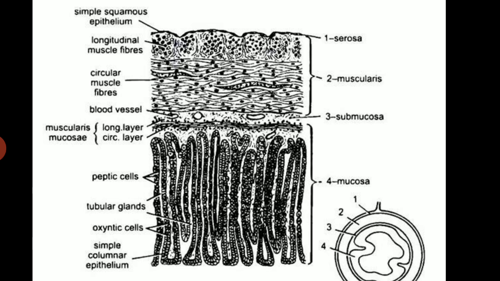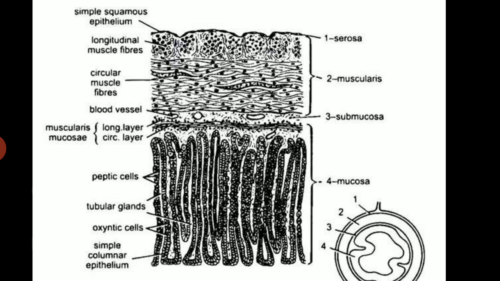Now, the chief cells, which are located primarily in the basal region of gastric glands, secrete pepsinogen, the inactive proenzyme form of pepsin. Hydrochloric acid is necessary for the conversion of pepsinogen to pepsin.